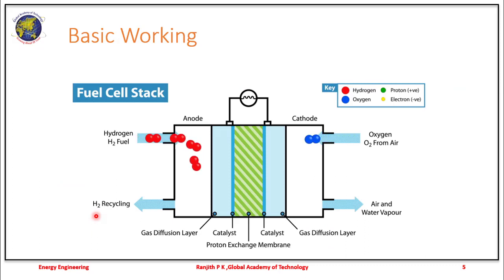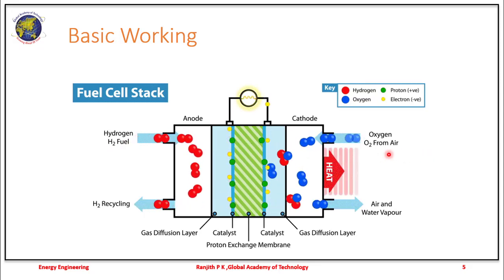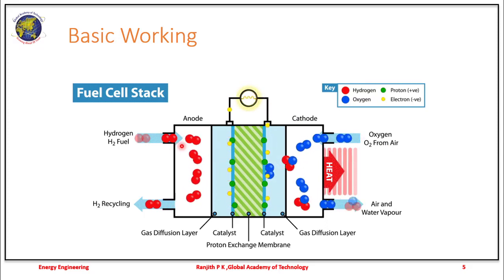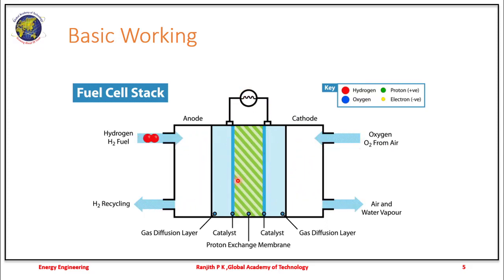So the basic working is that hydrogen is supplied as a fuel at the anode, and oxygen, which is usually picked up from the air, at the cathode, and there is a catalyst at the membrane.